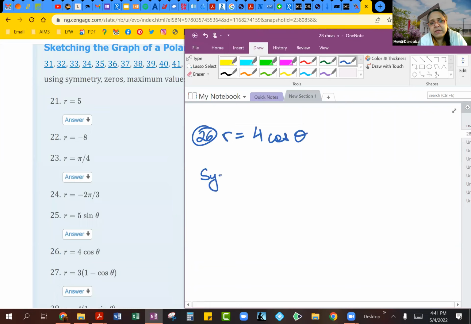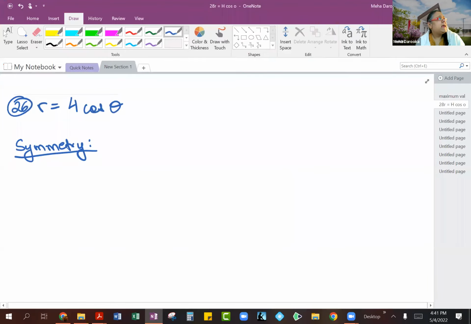Let's talk about symmetry first. Since this is a cosine function, what kind of symmetry will it have? Polar axis. Yes, polar axis. Very nice, very good.